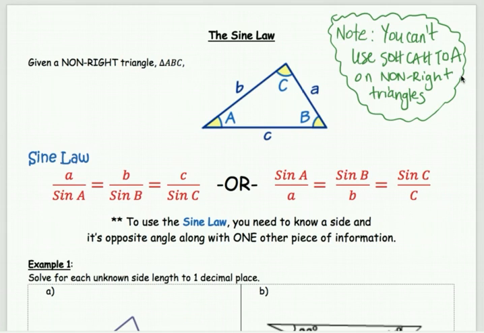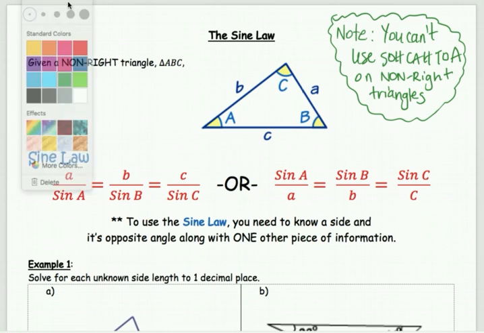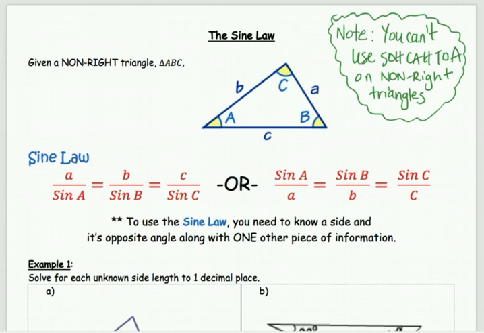What you're going to do instead, as we practiced earlier in the year, is label the sides with lowercase letters and the corners with capital letters. The sides are a, b, c, lowercase.